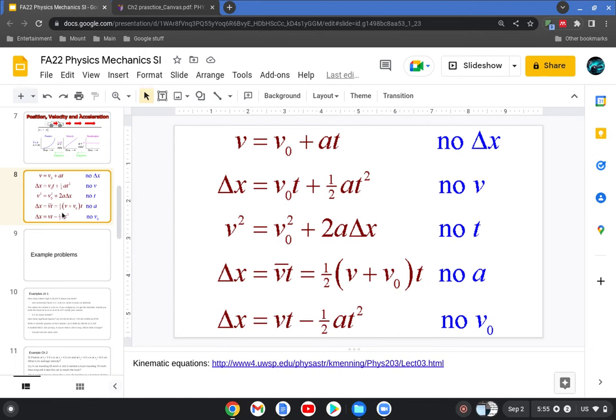Plus 18 meters per second. Because you set this as your x equals 0, x naught is equal to 0, and this is your x naught. This also means that this is your t0 equals 0. And then this is your t1, which is equal to 5 seconds.